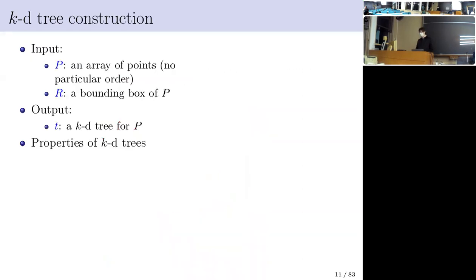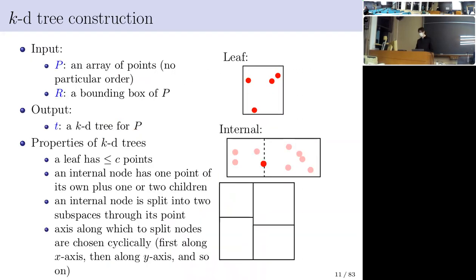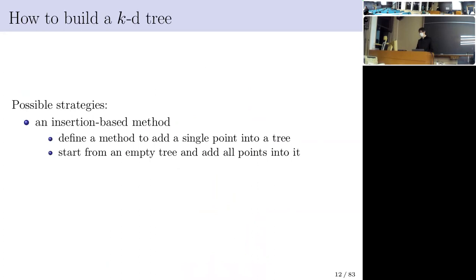You can do something along this line. Once you have an algorithm for adding a single point into a tree, you simply start from an empty tree and add all points into it. That's one way you can do it.